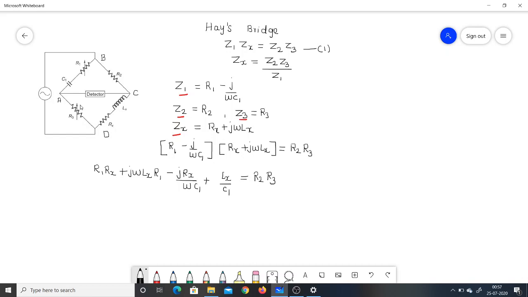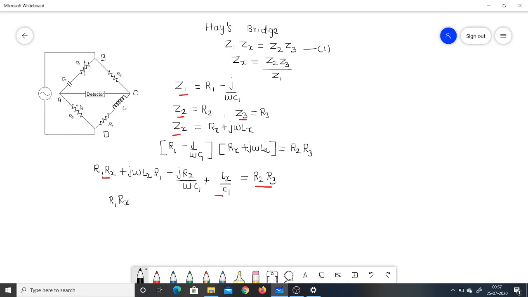Now I'm going to equate real and imaginary parts. Equating the real parts is going to give me R1 into Rx, and this is a real component, then Lx divided by C1 is also a real component.